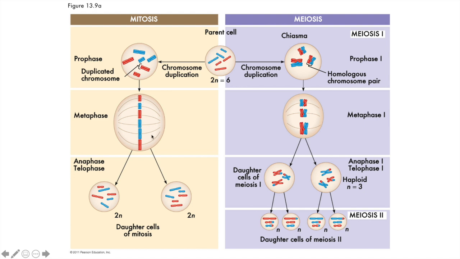So at metaphase, we see 6 sets of sister chromatids. At metaphase 1 of meiosis, the homologous chromosomes line up, so instead of 6 pairs, we have 3 tetrads. Then in meiosis 2, there are 3 sets of sister chromatids lined up. So metaphase looks different in mitosis, meiosis 1, and meiosis 2.